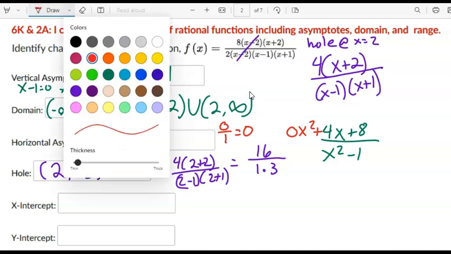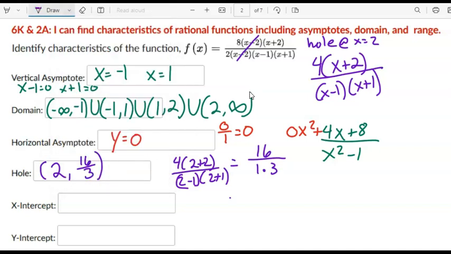X-intercept. So for the x-intercept, you want to set the numerator equal to 0. So we have x plus 2, that's going to equal 0. x equals -2. So your x-intercept is -2, 0. Now for the y-intercept, we're going to set x equal to 0 with our simplified expression and then evaluate.